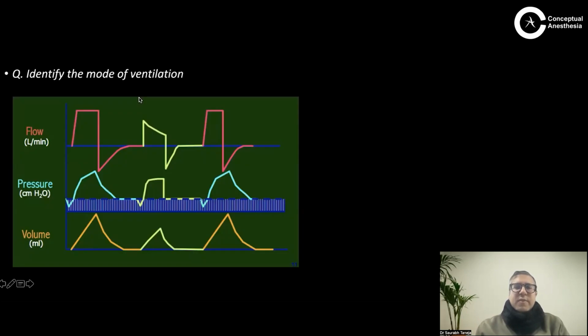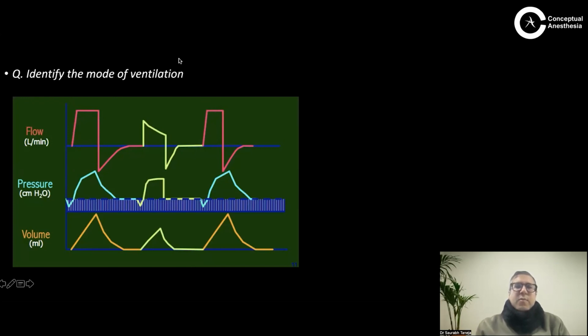Can you see the difference between the two? The pressure waveform is not square here, the flow waveform is square. So when the flow waveform is square, this is volume controlled ventilation. When the pressure waveform is square, it's pressure controlled ventilation.